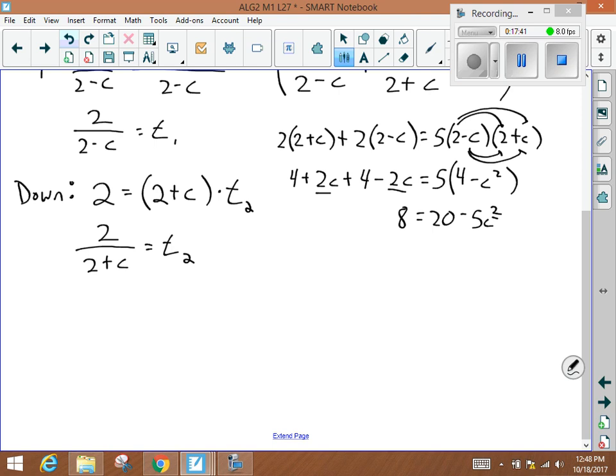So I'm going to go ahead and add 5c squared to both sides, and subtract 20 from both sides. So that's going to give me 5c squared minus 12 equals 0. I chose to move the 5c squared over rather than subtracting 8 from both sides, because I really would like my coefficient of my term that is squared to be positive.